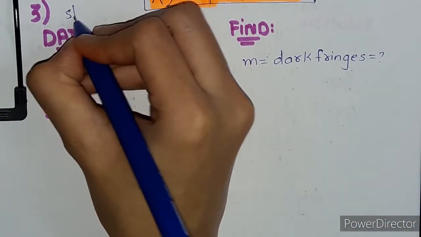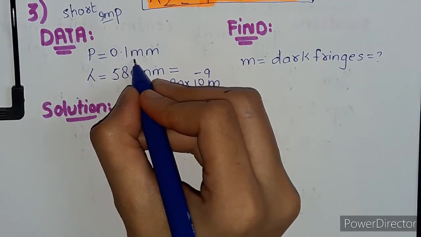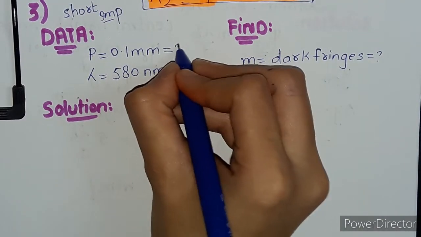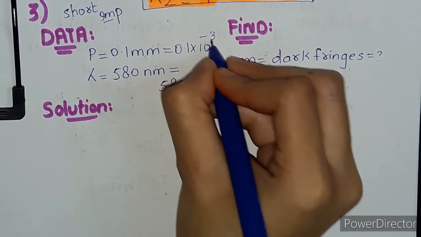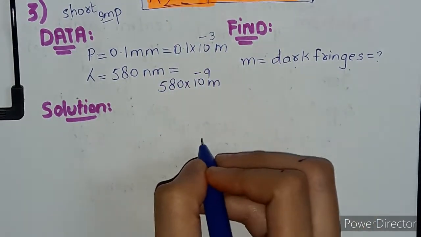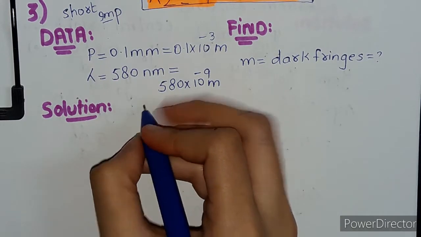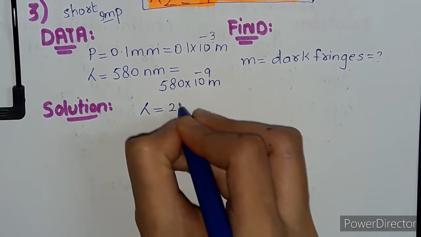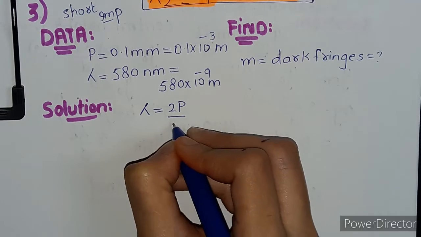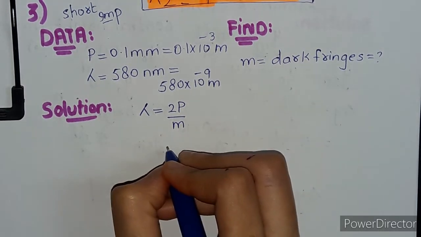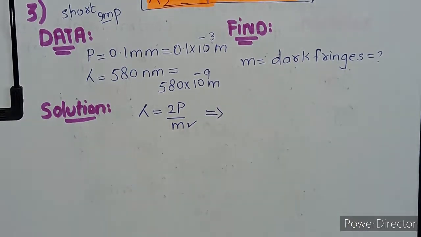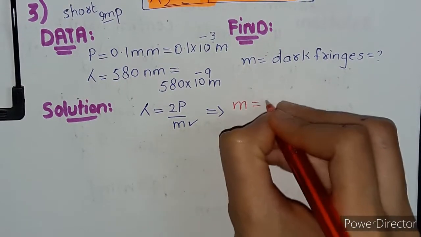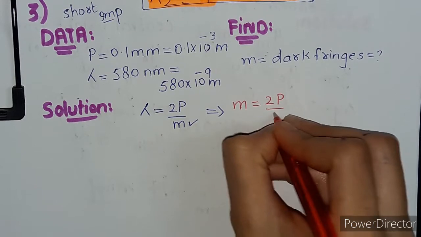It's important for short: we have to convert this millimeter into meter, 10 raised to power minus 3 meter. Now using the formula, lambda is equal to 2p divided by m, so we have to find the value of m. Rearranging this equation, we get m is equal to 2p divided by lambda.